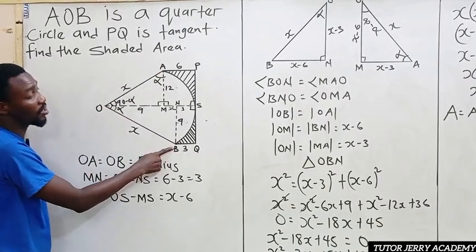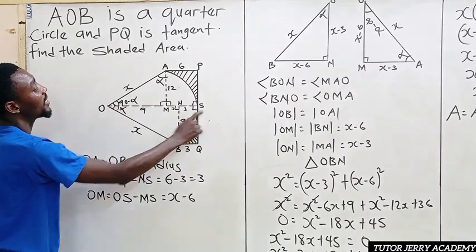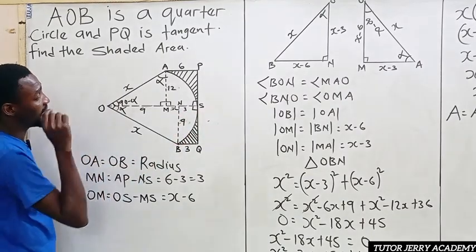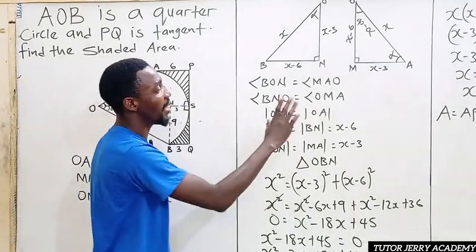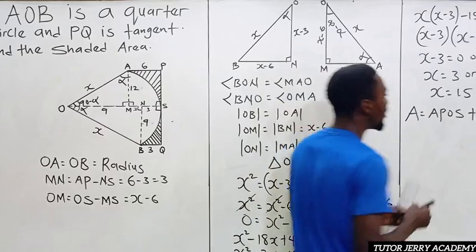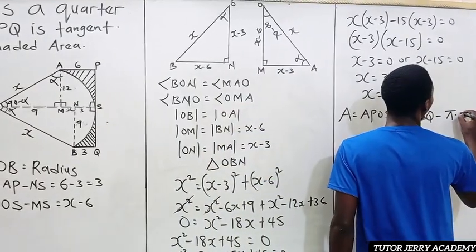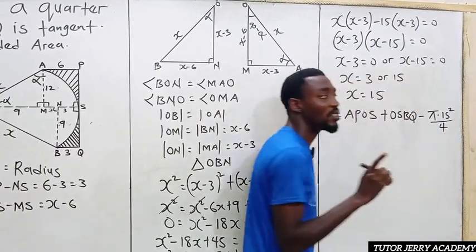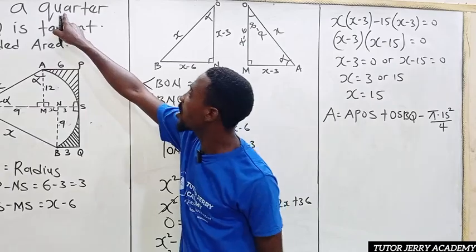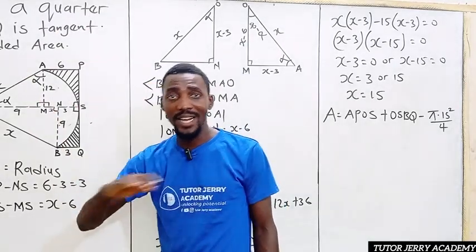From here to here is also the radius, and from here to here is another radius. So pi r squared here is going to be pi 15 squared. Then we divide it by 4 because, from the question, it is a quarter of a circle.